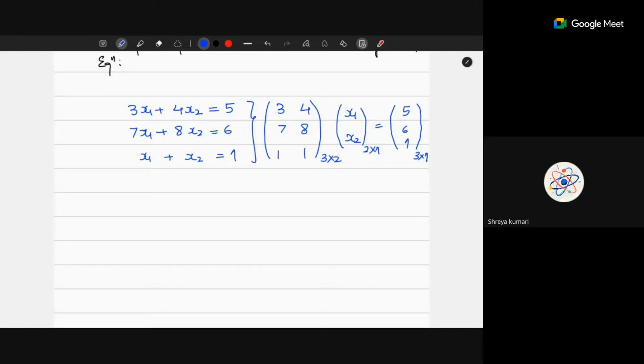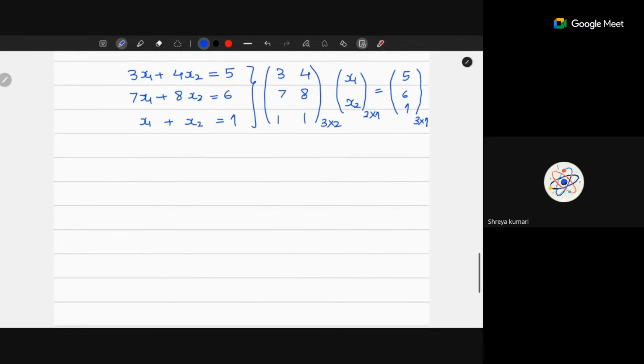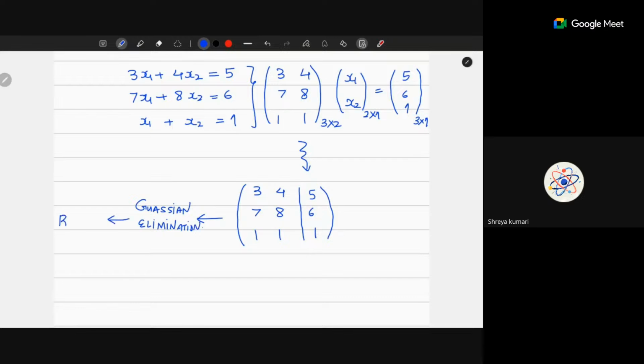But first we obtain an augmented matrix, which separates the solution set by a vertical line, and then you perform Gaussian elimination over it, to obtain the row reduced echelon form of the matrix on the left, and the solution space on the right.